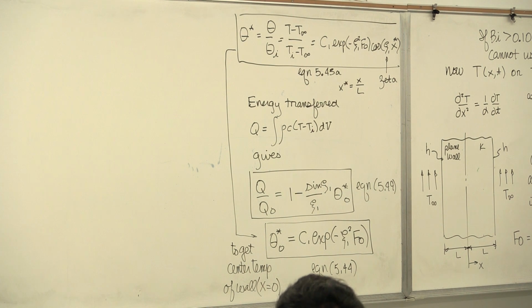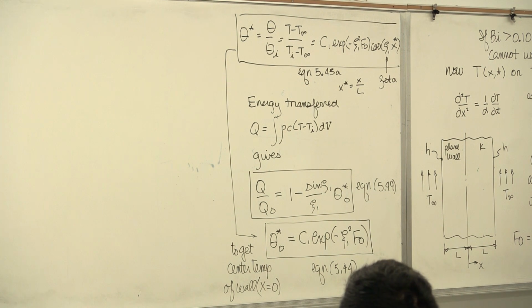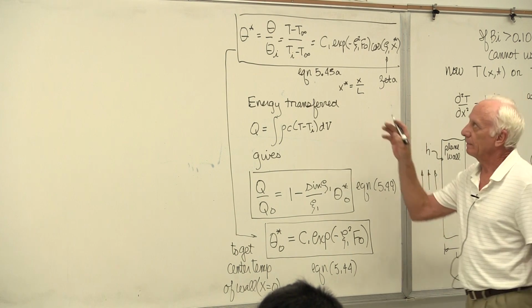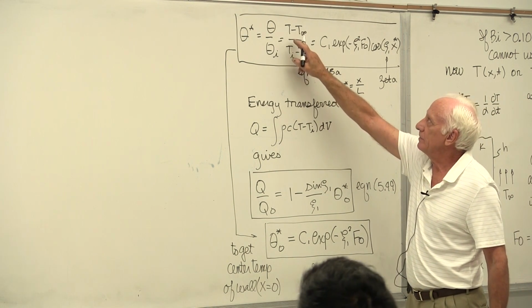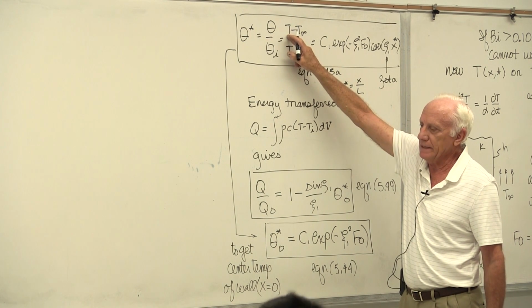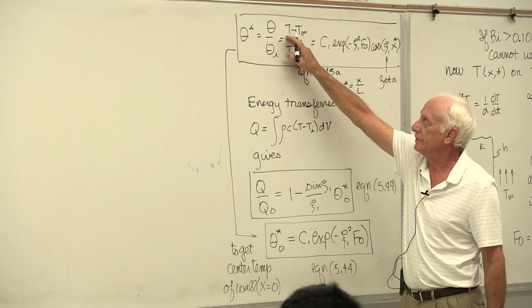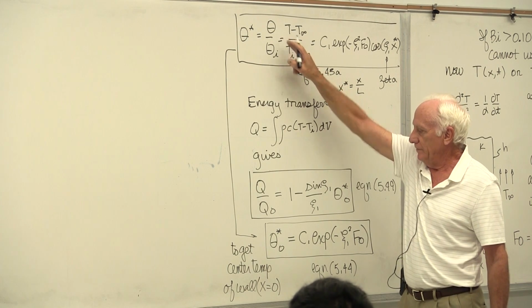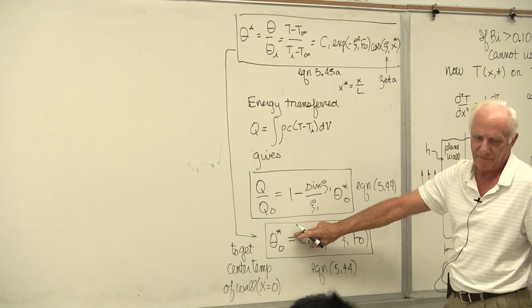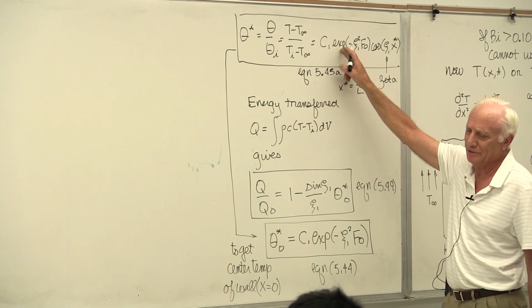Okay, for the plane wall, there are 3 things you can get from this. The temperature at any x and any time. You want the temperature at any x and any time, use this equation. If you want the center temperature of the wall, use this equation. Matter of fact, you can just put x equals 0 here, it doesn't make any difference.